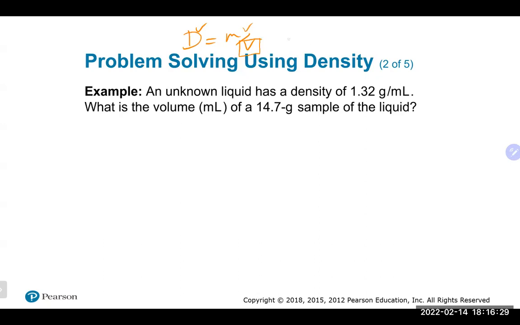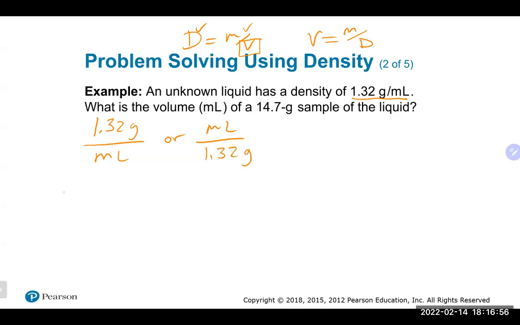As we talked about, we would multiply the volume to the other side and bring the density back, and we will get mass divided by density. Now, you could just plug and chug into that, or you could do it the dimensional analysis way. Again, we could take the density and use it as a conversion factor of 1.32 grams per milliliter, or you could do 1 milliliter is 1.32 grams.